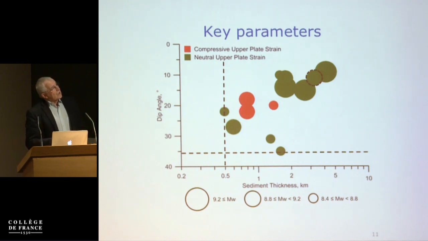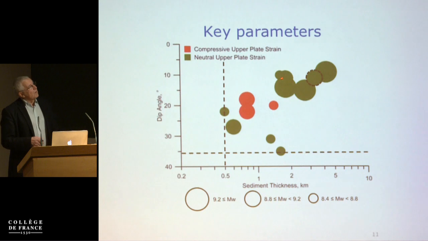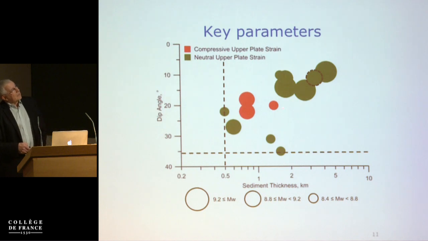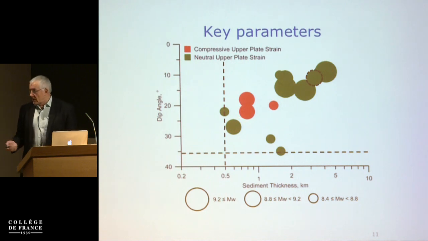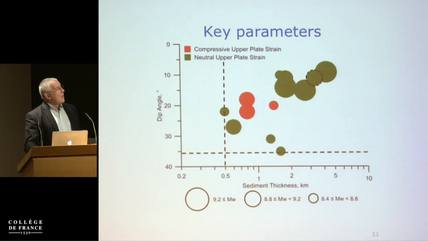And we see again that most of the earthquakes have a neutral, almost not deforming upper plate above the interface, and only a few of them have compressional and no extensional type of deformation.